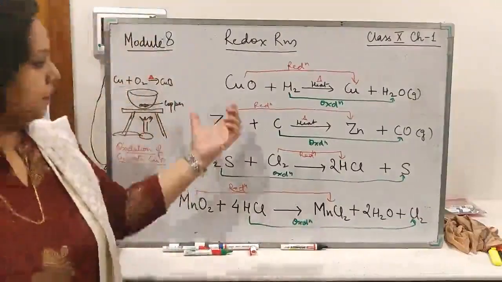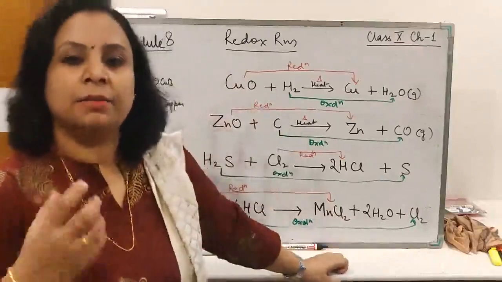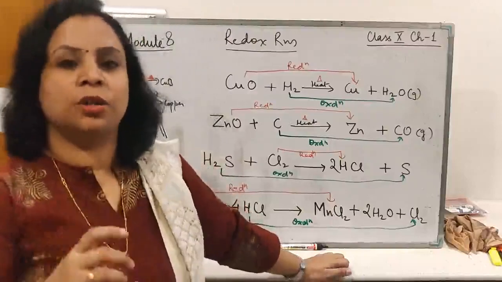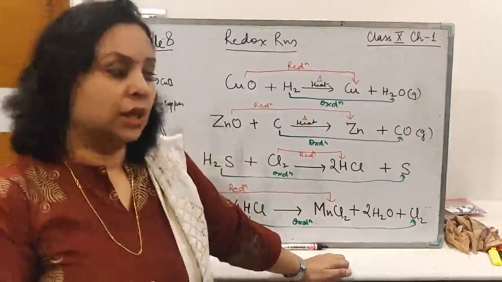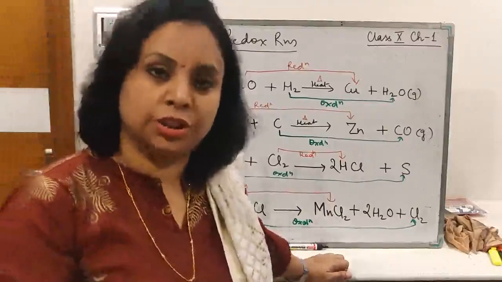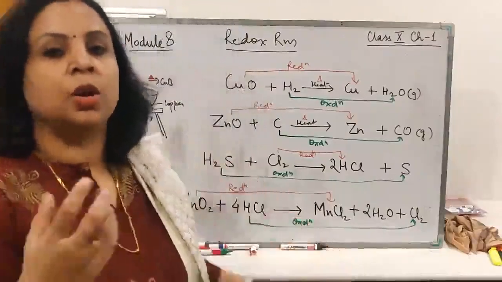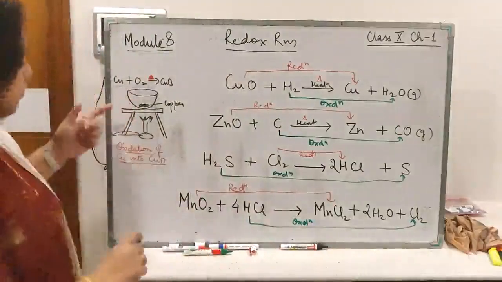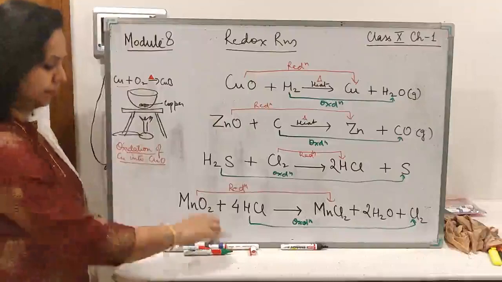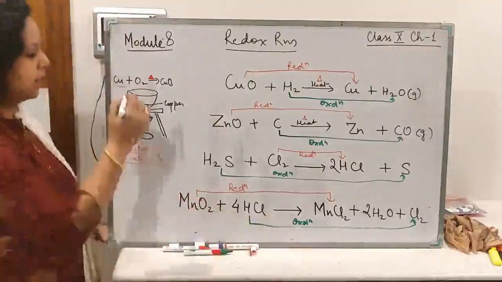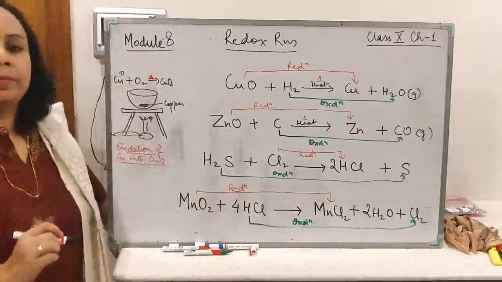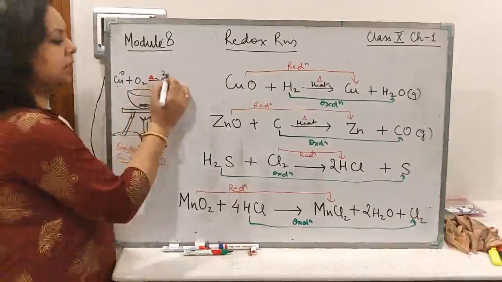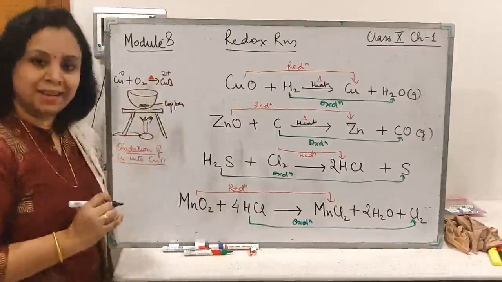So, we can understand which of the reactants is getting oxidized and which one is getting reduced on the basis of addition or removal of oxygen or hydrogen, or on the basis of loss or gain of electrons. Now, I'll quickly just tell you, if you see copper, because it is in the elemental form, we can say copper 0, it is getting converted to Cu2 plus ion.